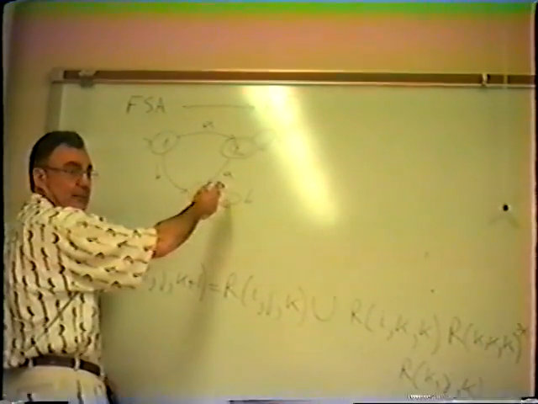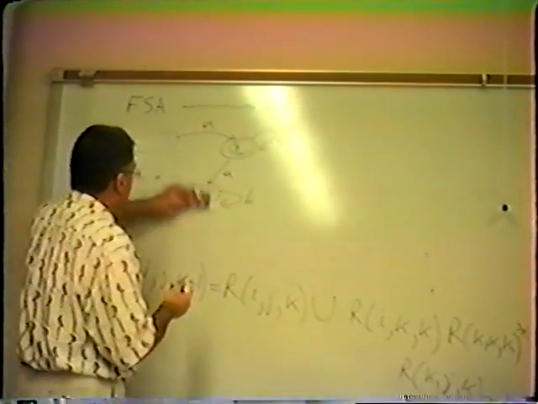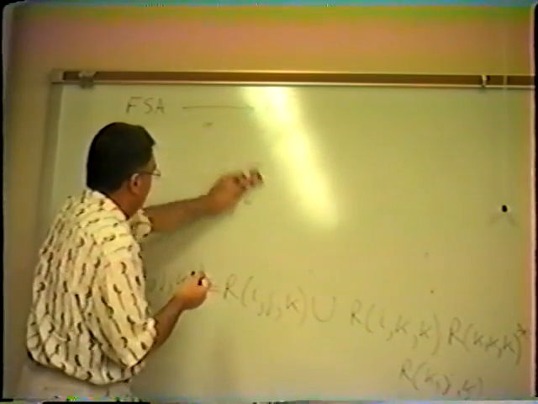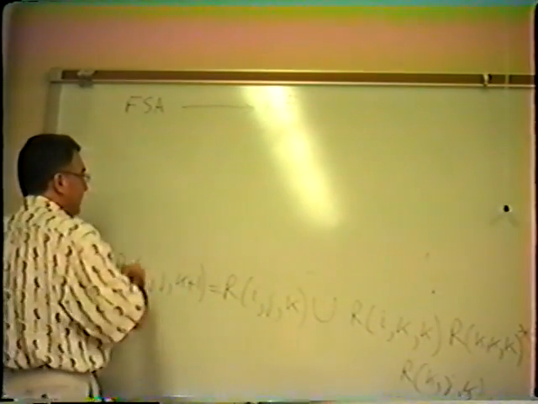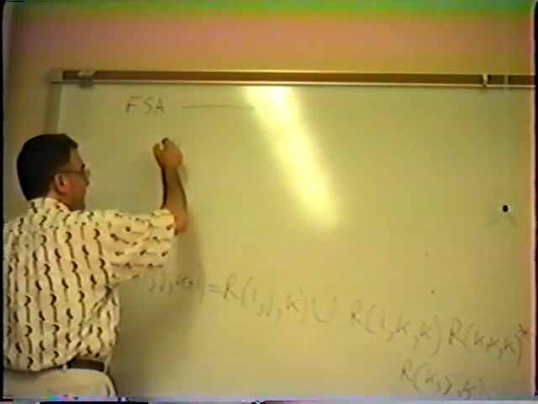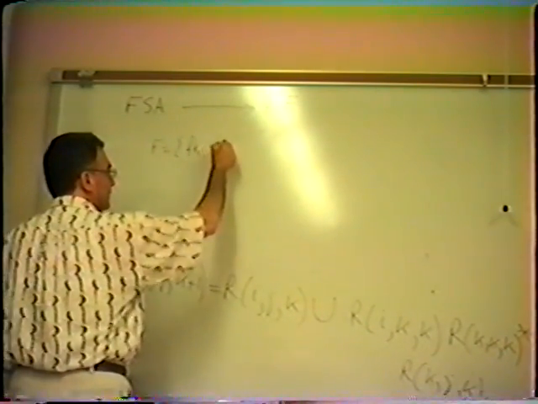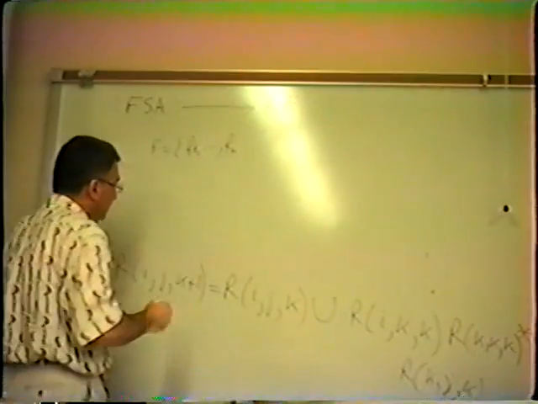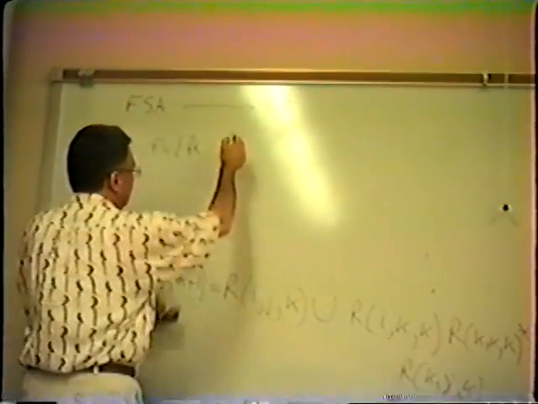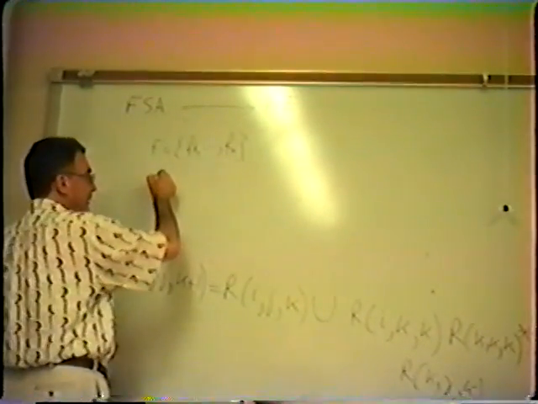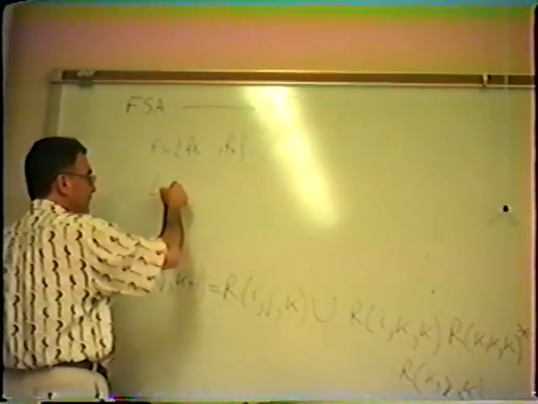Because if you have an automaton, and let's say the final states are F1 through Fn, then the language of the automaton is equal to what?